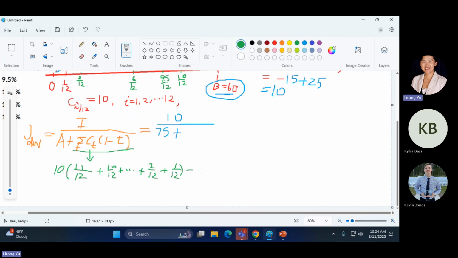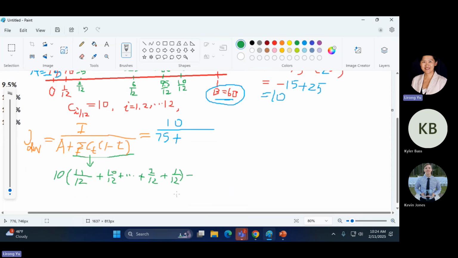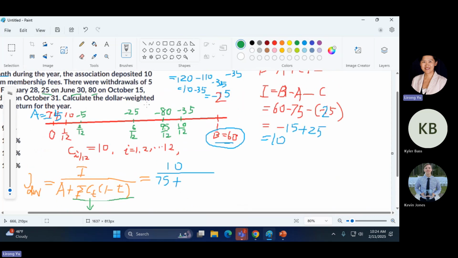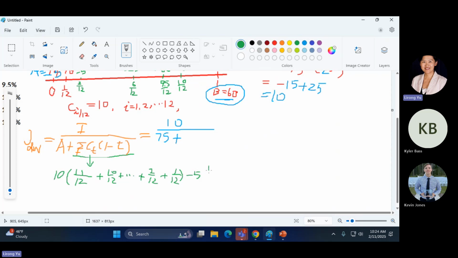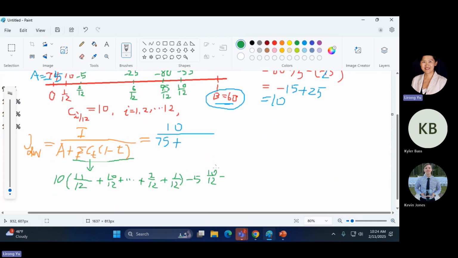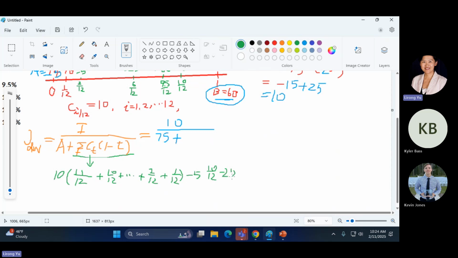And then plus, now we're going to look at the withdrawal of 5, negative 5. It happened at 2 over 12. 1 minus 2 over 12 is 10 over 12, so it's times 5, 10 over 12, and then minus the 25 withdrawal. That happened at 6 over 12, which we multiply.